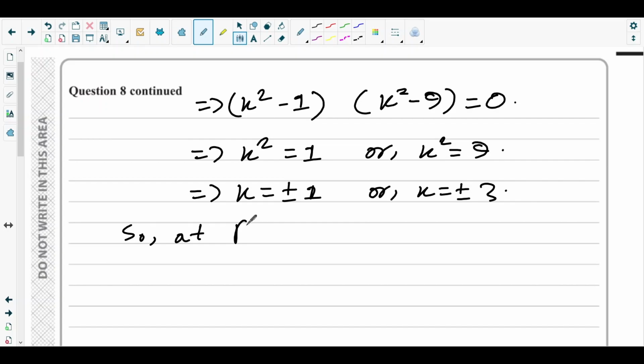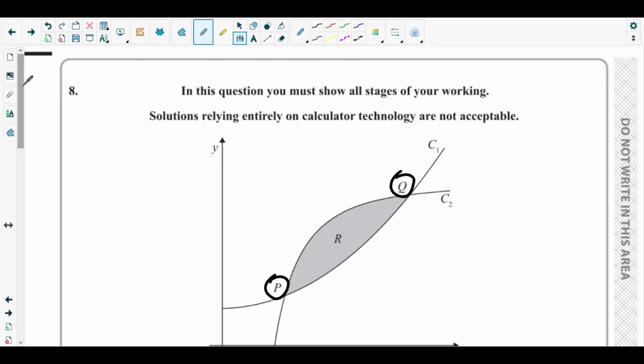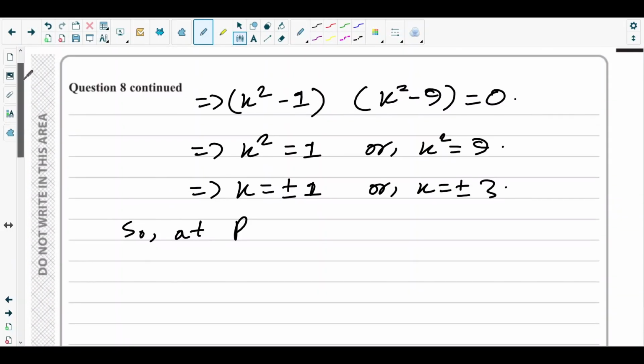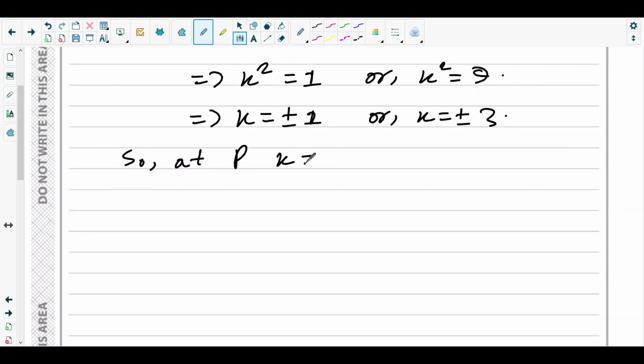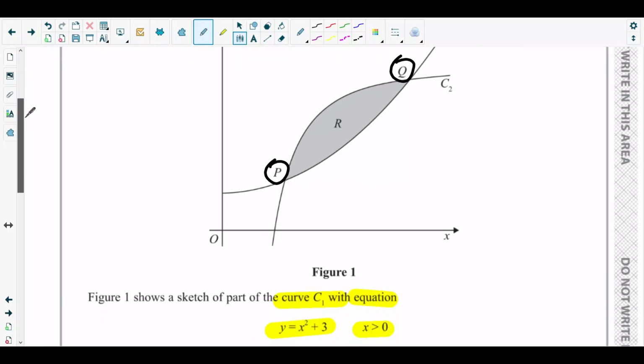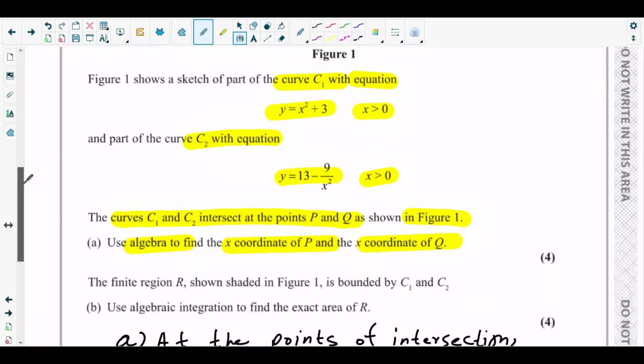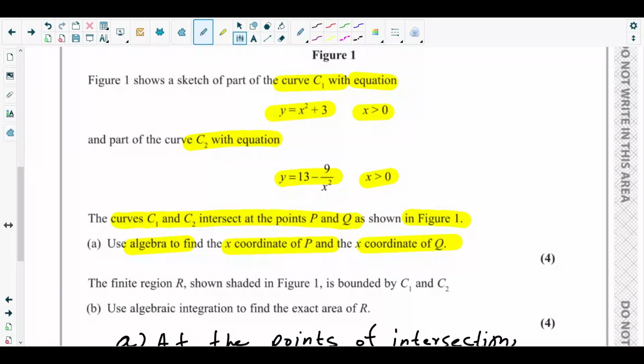Let's see which one is point P. Point P is the first one, so at point P it will be the smaller x coordinate, x equals 1, and at Q, x equals 3. So we got the x coordinates of points P and Q: at P it is 1, and at Q it is 3. That's what part A of question number 8 has asked for.